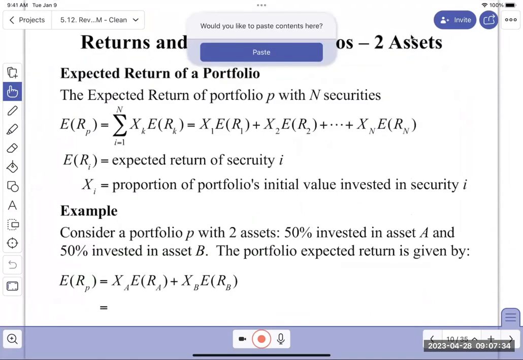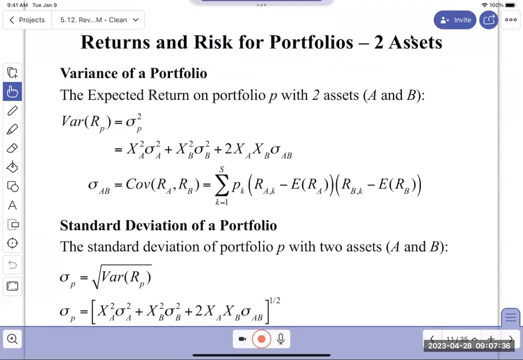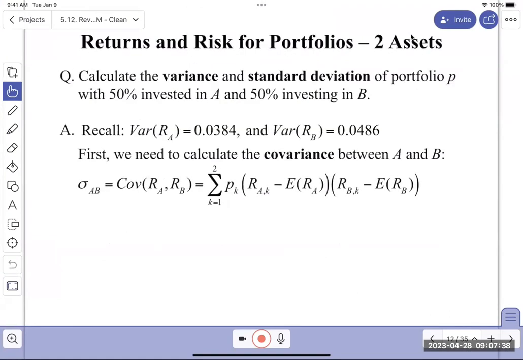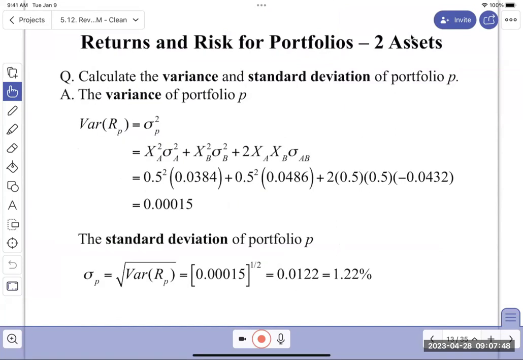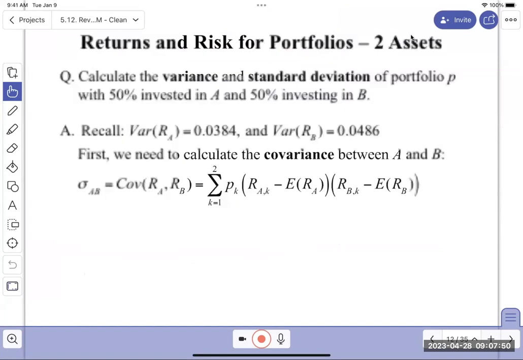And we calculated the mean and the standard deviation and the covariance to get the standard deviation. So these were all the steps. All right, so let's do this together.